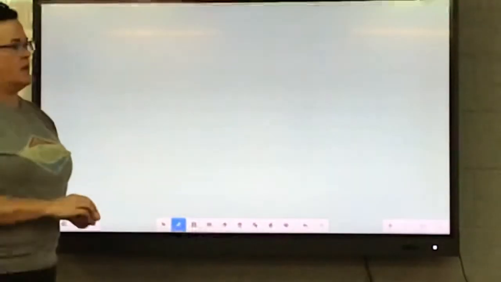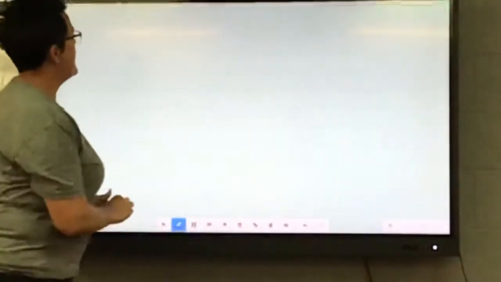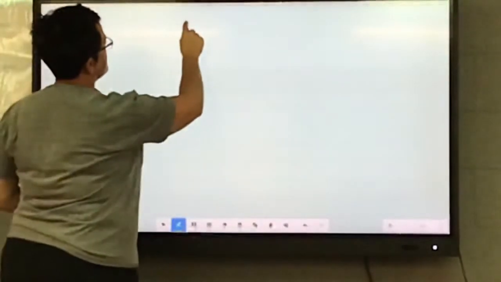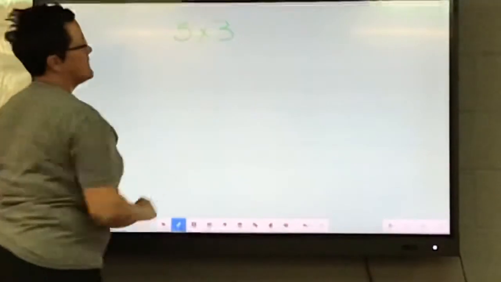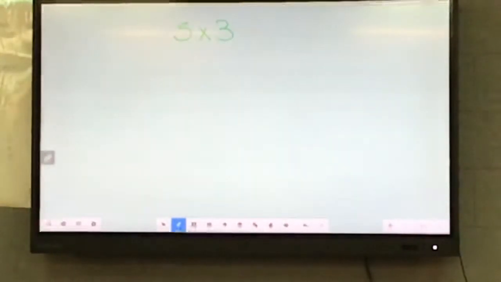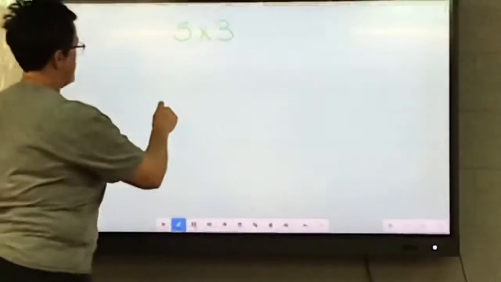Now, we are going to start out by making an array to represent this. Okay, so 5 groups of 3, but think about which way that needs to go.